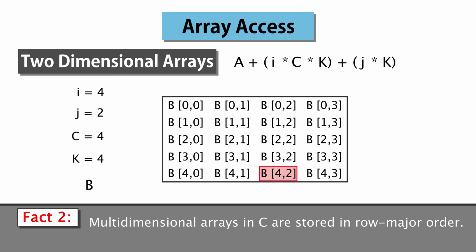Filling these values into our formula means that the address of B[4][2] is B plus 4 times 4 times 4 plus 2 times 4, which equals B plus 72. That is, the int at array location B[4][2] occupies the 4 bytes of memory starting at address B plus 72. The implication is that we can access an element in a two-dimensional array directly simply by computing its address in memory.